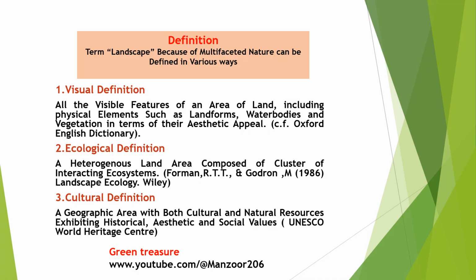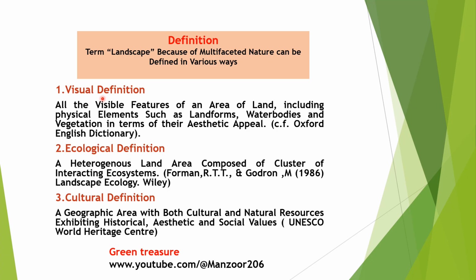Well, to define landscape, because of its multifaceted nature, it can be discussed in various ways. It can be discussed as a visual definition, as an ecological definition, as a cultural definition.